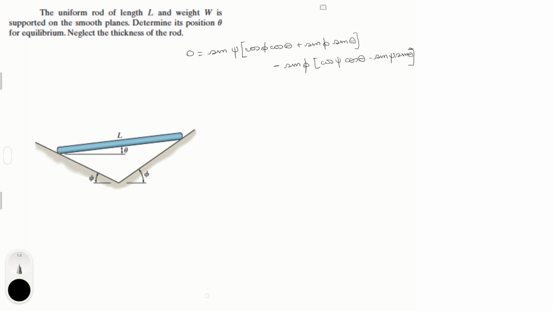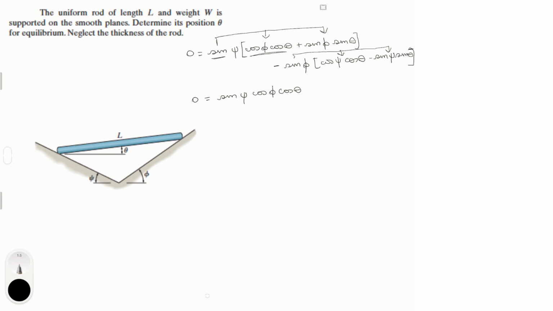Okay, so now I'm going to multiply the terms, and you're going to see that I'm going to be able to add two of them together. So 0 is equal to sine of psi cosine of phi cosine of theta. This is the sine times the first term.